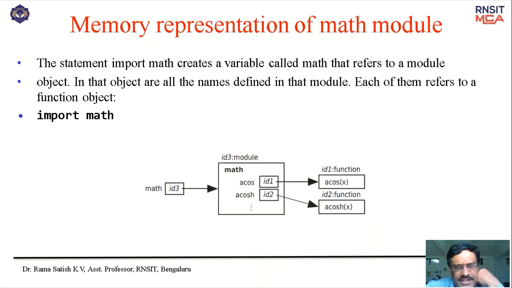So if you just give import math, what happens? First thing, an object is created, and it is allocated some memory. In that, what is there? You have the name of the module and all the methods that are there in the math module. All the methods are stored. You can see I have put dots, that means all the methods starting from acos till the last.